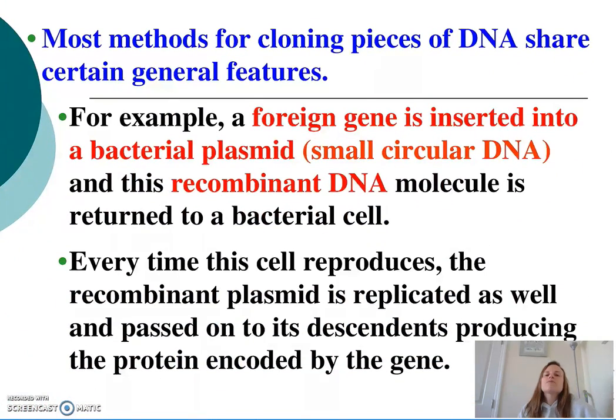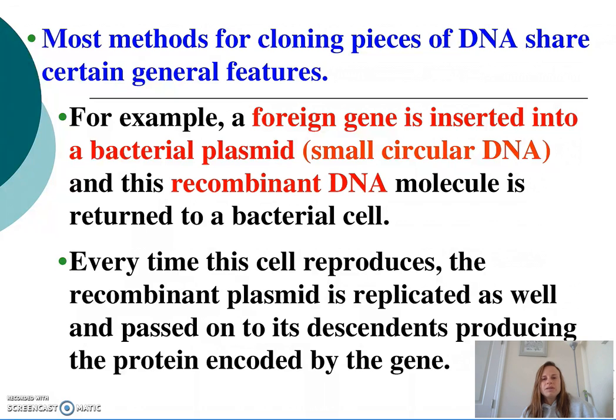Now, most methods for cloning pieces of DNA share certain general features. For example, some sort of foreign gene, that's the gene of interest. In our example, it is sickle cell anemia, the gene that codes for that disease, is inserted into a bacterial plasmid.